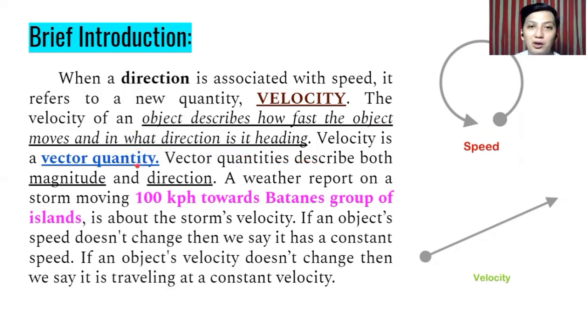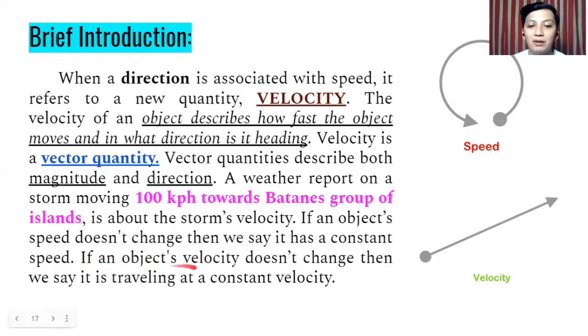So velocity is a vector quantity, tulad ng diniscuss natin a while ago. So vector quantities describe both magnitude and direction. A weather report on a storm moving 100 kilometers per hour towards Batanes group of islands is about the storm's velocity.